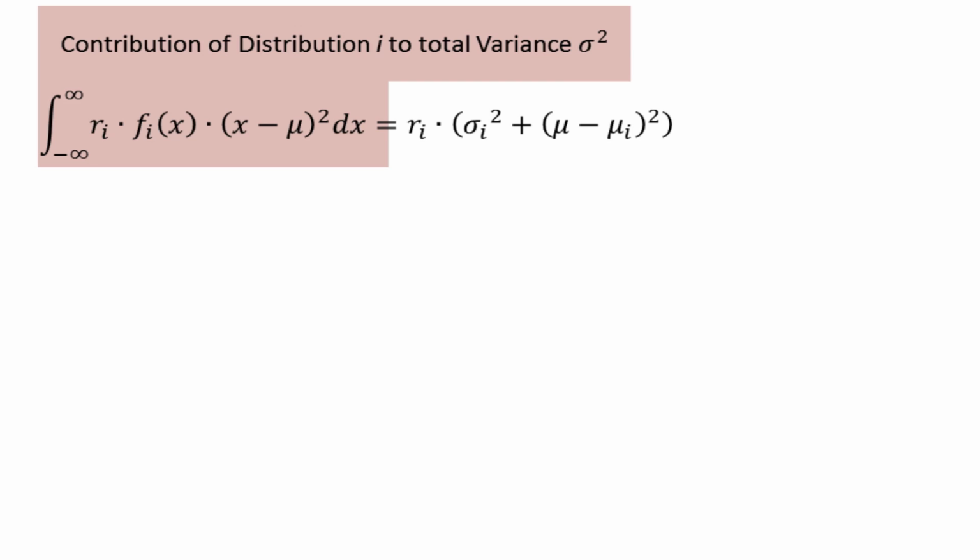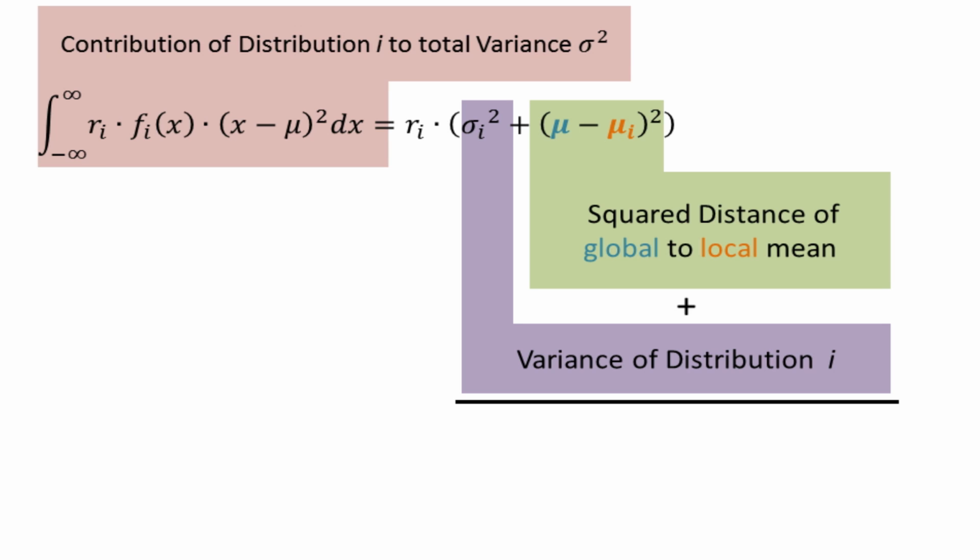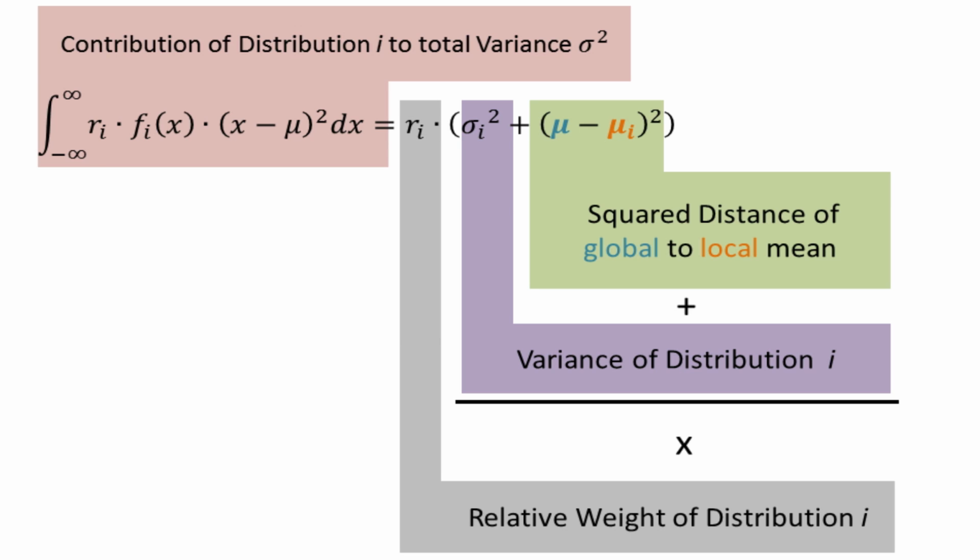And it is simply the squared distance of the global to local mean plus the variance of distribution I, multiplied by the relative weight of distribution I. That makes actually sense.